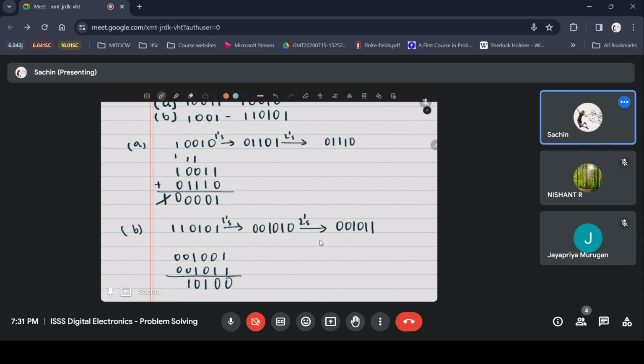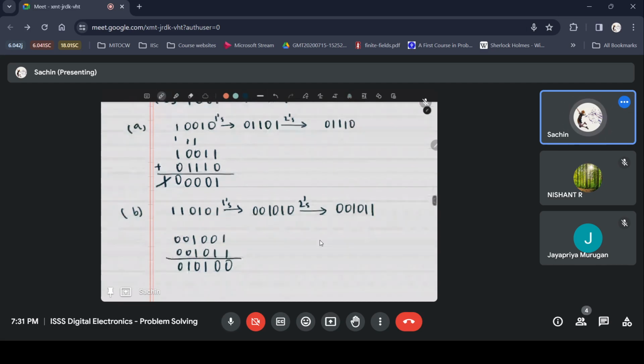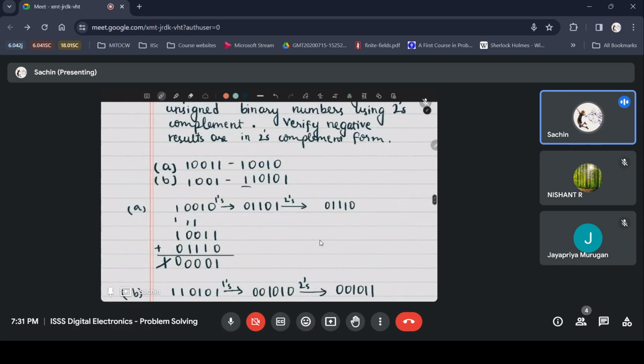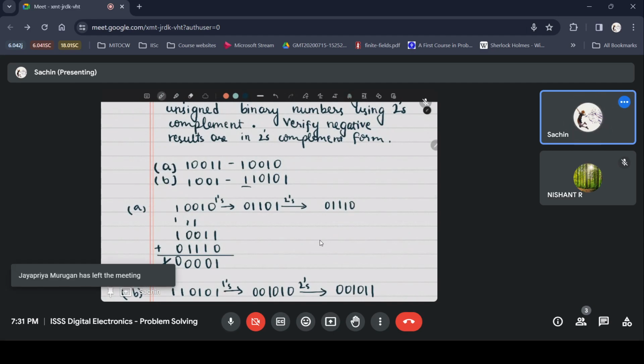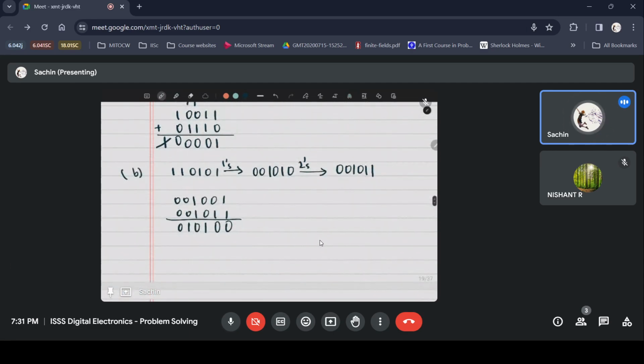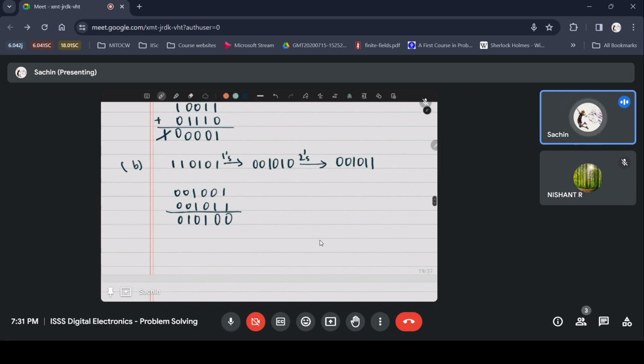It was 001001 plus 001011 will give you 010100. So this itself is already a negative number, right? So if you subtract a negative number, you'll get a positive number. So the answer was right. There is no problem.